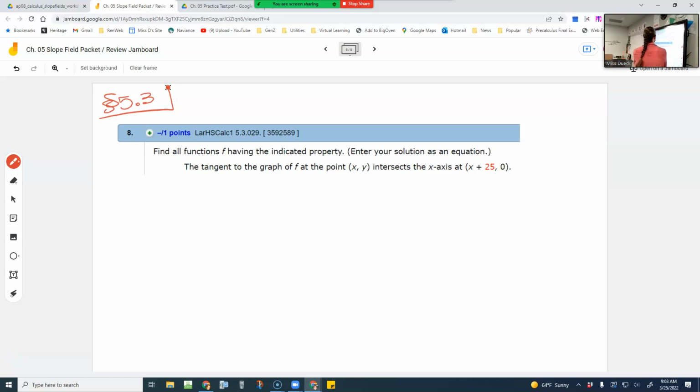The tangent to the graph of f at the point x, y intersects the x-axis at. Okay, so we know that this point is not in, but on the tangent line.